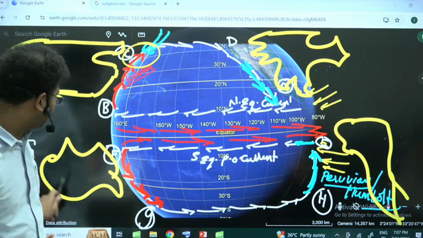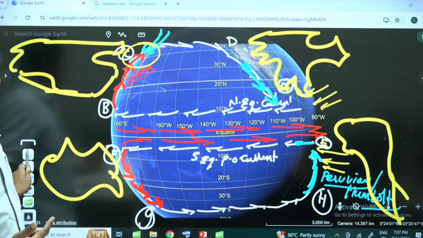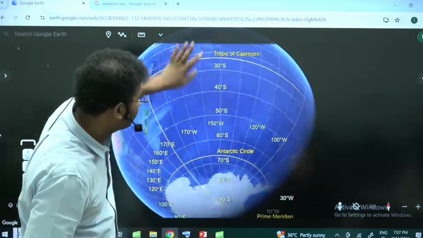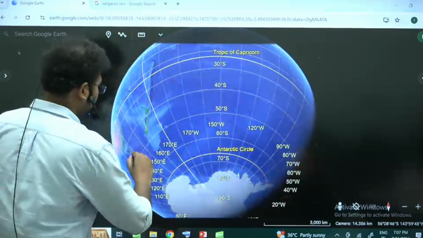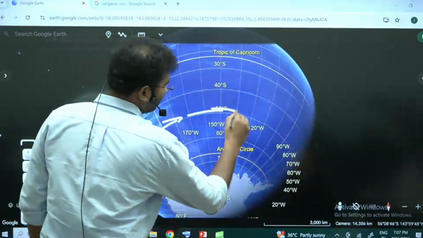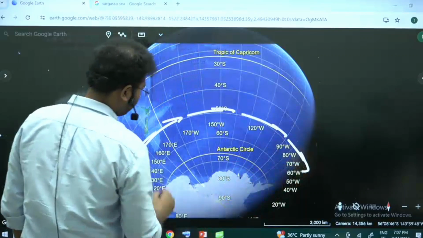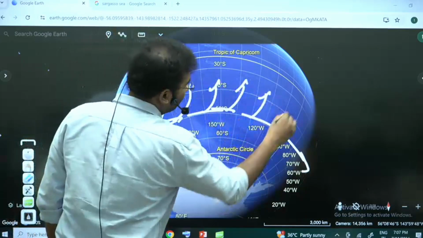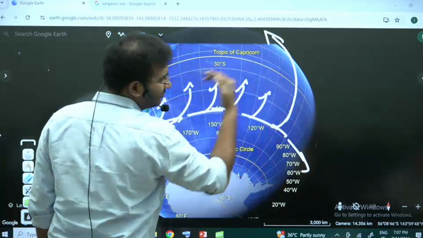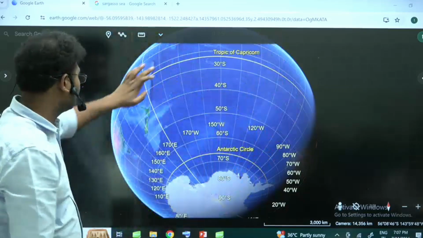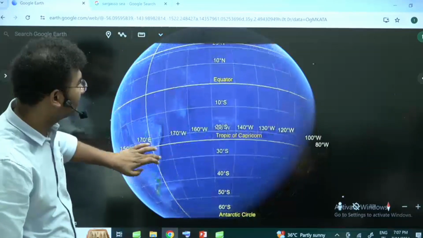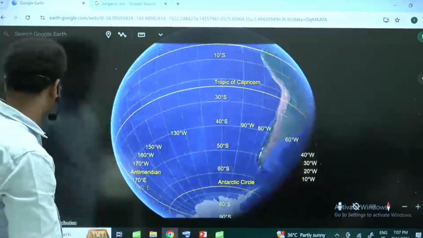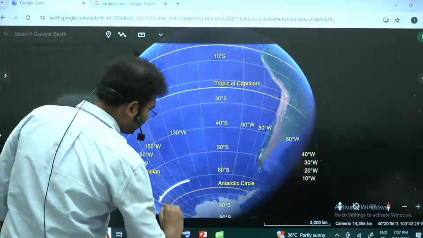Okay? See, let me erase this. Let me show you this. This is west wind drift, no? All the water, but one of these currents is nothing but your Peruvian or Humboldt current. So can I show it to you like this? The extension of that. This is west wind drift.